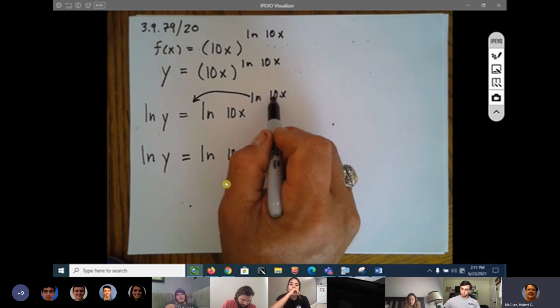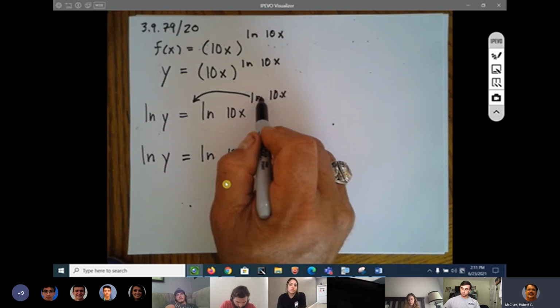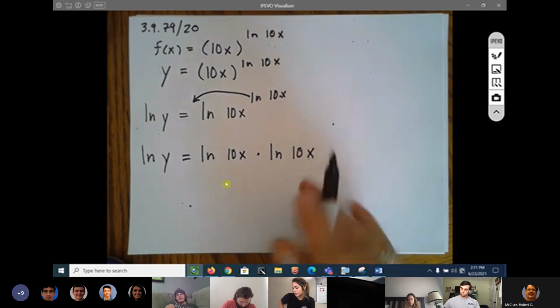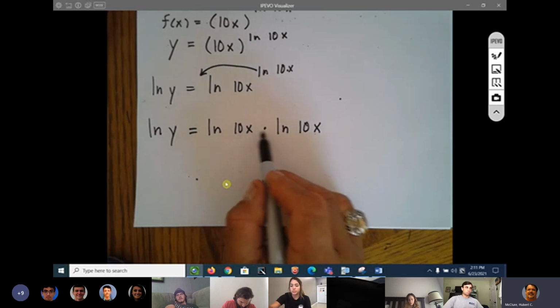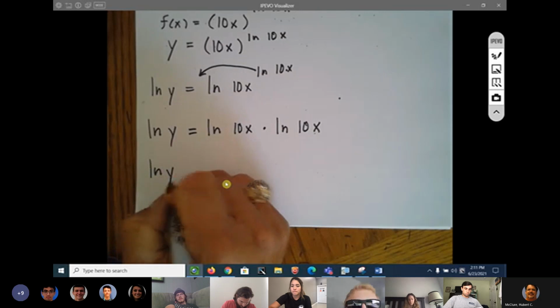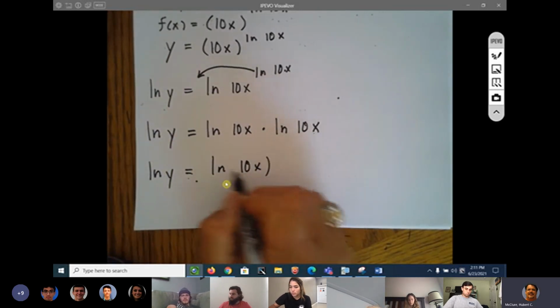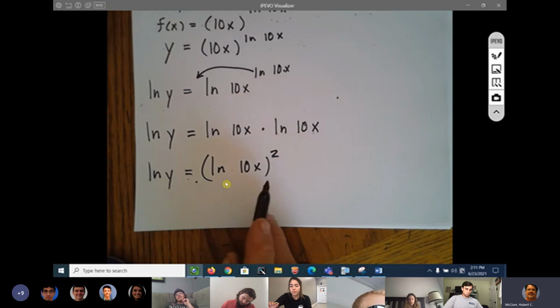Now, if this was 10, you could do that. If this was just 10x, you could do that. But since it's natural log, you've got to bring it out. Now, what is natural log of 10x times the natural log of 10x? Natural log of 10x to the what power? To the second power. Now you can rewrite that, but that 2 is going to come out.